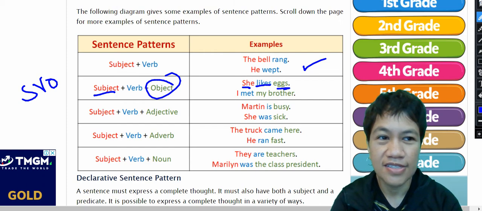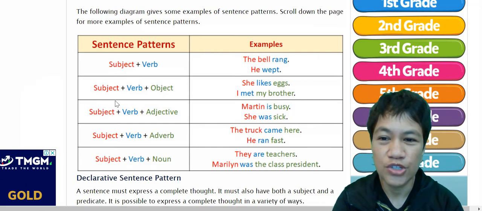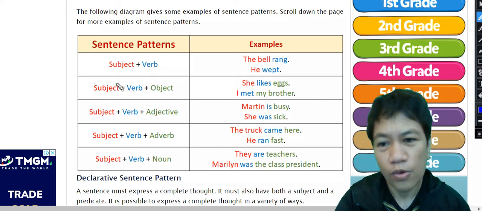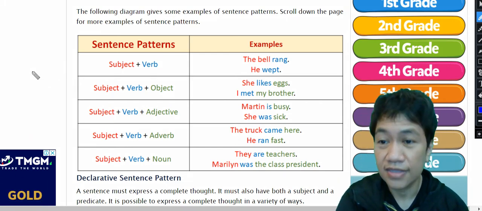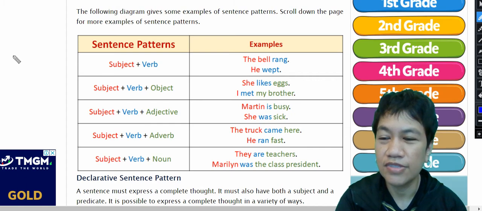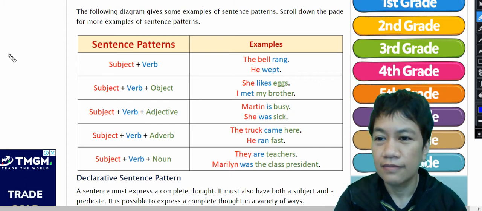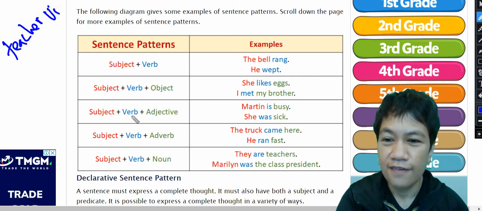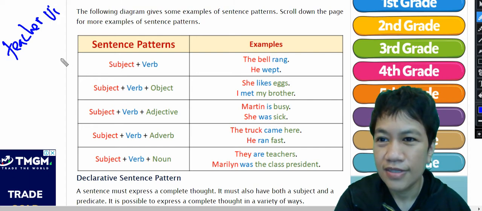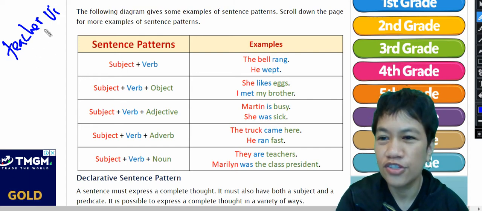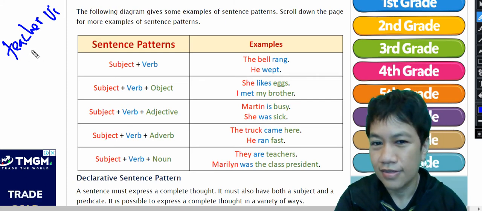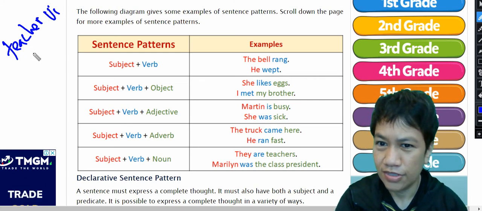So to write sentences, if you're using these, make sure you have a subject. Identify what or who is the subject in the sentence. For example, subject is Teacher V. What is Teacher V doing? Teacher V is, what's she doing?